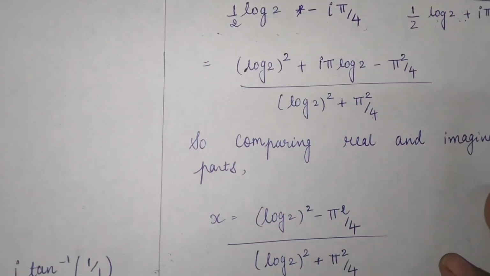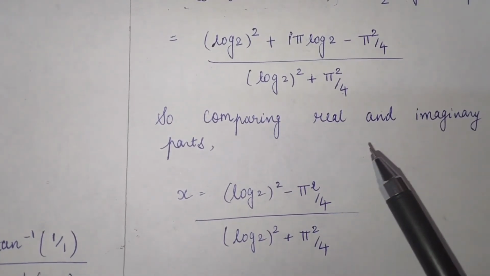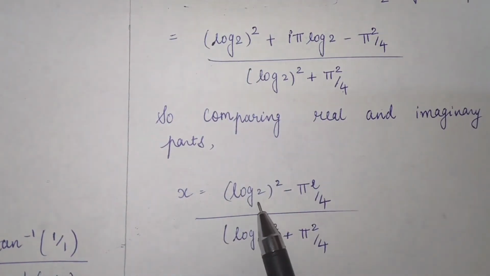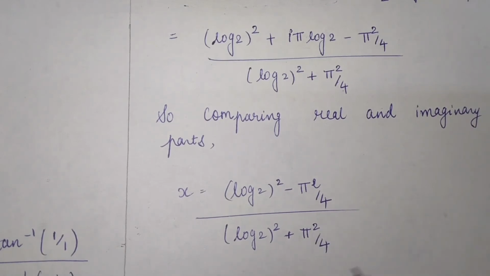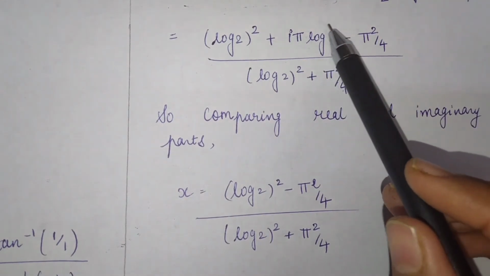Now, as we want to find the real and imaginary parts, if we compare, then x is the real part, that is (log 2) square minus pi square by 4 divided by (log 2) whole square plus pi square by 4. And y will be the imaginary term. What is the imaginary term here?